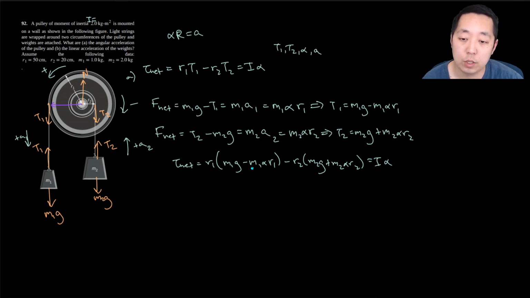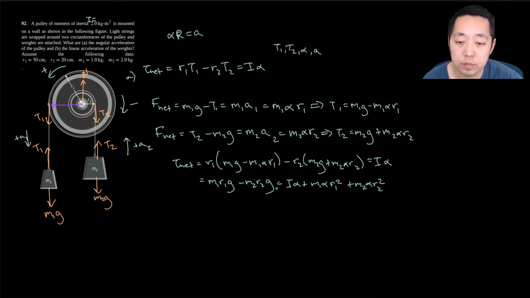So now I need to group all the alphas together and solve for alpha. Right? So I'm going to distribute R1 here. This is going to be M1 R1G. Minus M2 R2G is equal to I alpha. And then this term I'm going to bring over here. It's plus M1 alpha R1 squared. And then this is a negative here, and I'm going to bring it to the other side, make it positive, plus M2 alpha R2 squared.